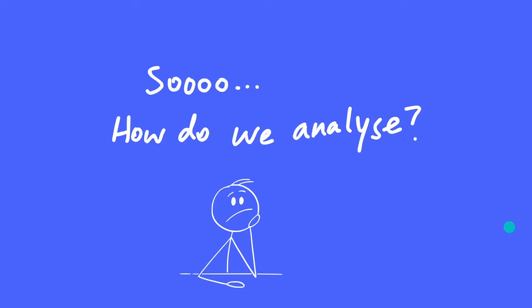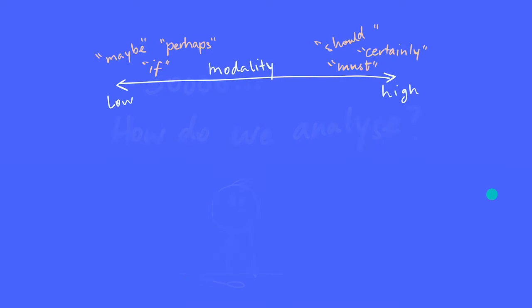So how do we analyze modality? That's the big question, right? Well, we've got modality, as we mentioned already, but we can connect it to something magical: tone. We've mentioned this in a previous lesson. Tone is a crucial part of analysis, and modality and tone is a really easy way to link and analyze. So it's actually pretty simple.